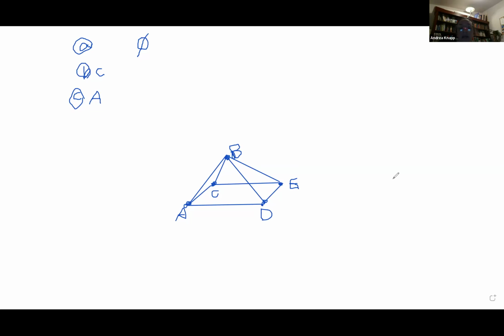So we need to find some lines that would not be in the same plane. For example, you could have segment AC and segment BE. There's more than one answer on that one. It could also be AD and BE, or DE and CB.